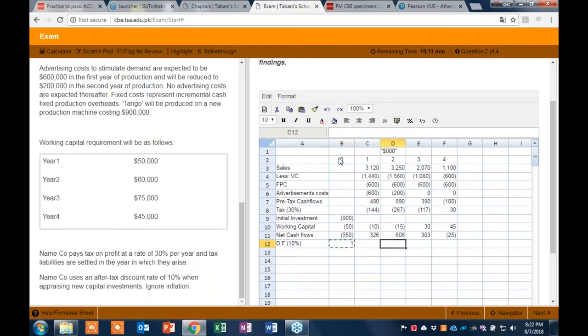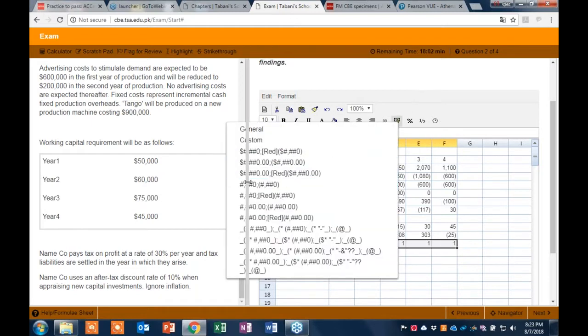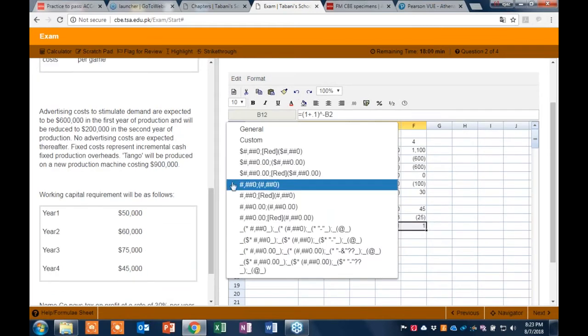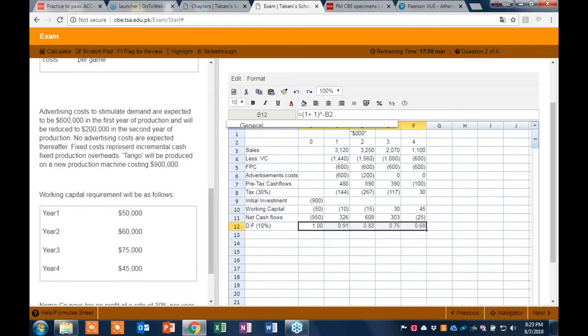So let's copy and paste these figures here. And now just change the format to decimal places, to 2 decimal places at least. Here are the 2 decimal places. There we go.